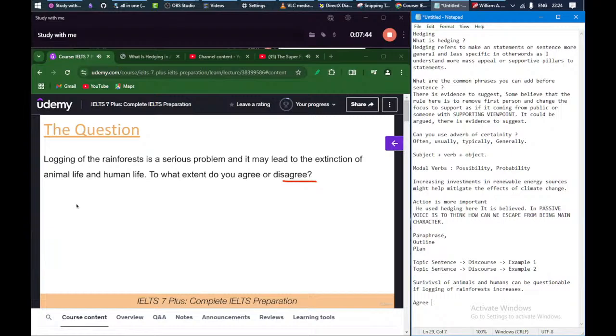Fuel consumption in general, transport. We can talk about the farming industry, which is destroying land in order to farm animals, to keep up with the global demands for food. And also we could potentially mention that reporting on this topic maybe cannot always be trusted. It might be over-exaggerated, say, the impact of logging.